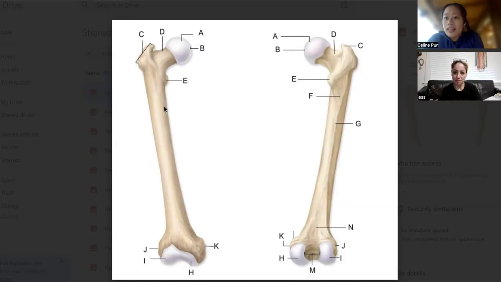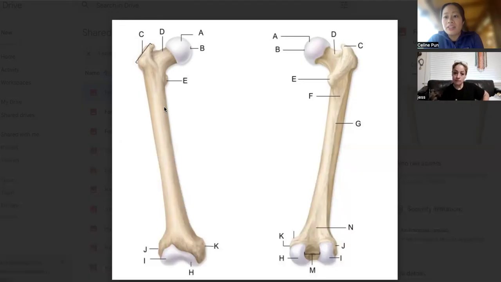Inside, like between. So this line is between the greater and lesser trochanter. So the lesser and greater trochanter. Yep. And then the intertrochanteric line.